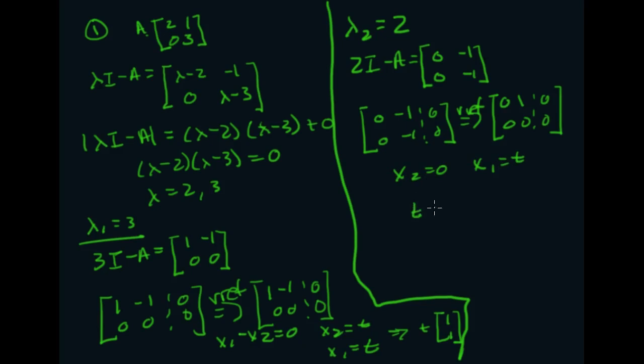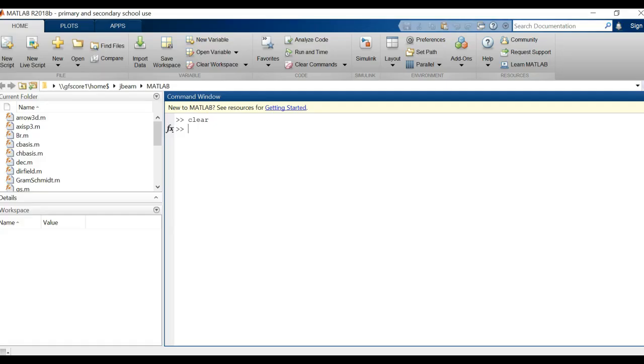So if we multiply t times 1, 0, that should give us all the linear combinations that this can be. So these are all the possible eigenvectors that correspond to the eigenvalue 2. So MATLAB speeds up this process. It doesn't give us nice, neat integer answers, but it does give us correct answers for the eigenvectors. So let's take a look at how that works.